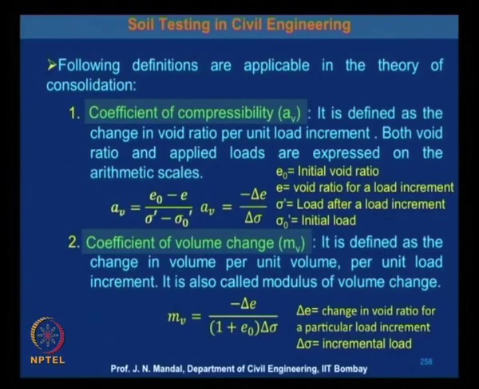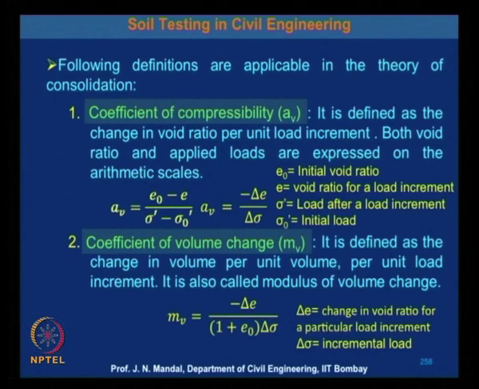The samples are loaded in stages until about 90% consolidation on each of them is achieved. Now, to understand this consolidation, you require some of the definitions and applications in the theory of consolidation, and how you can determine some of the important parameters in consolidation.